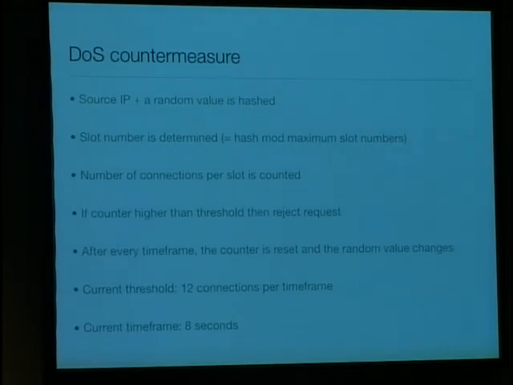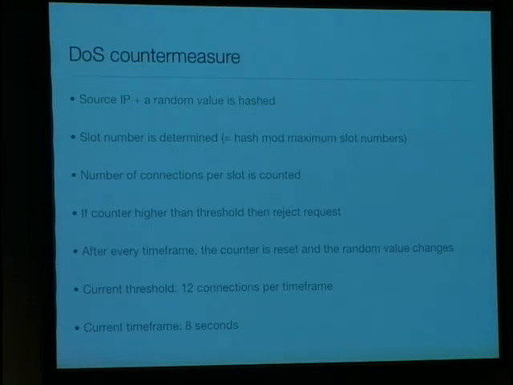We use the source IP from the client plus a random value, which changes every 8 seconds. We hash this and divide this by the number of slots and take the remaining part, and this is the slot number, and for every slot the number of connections is counted per time frame.